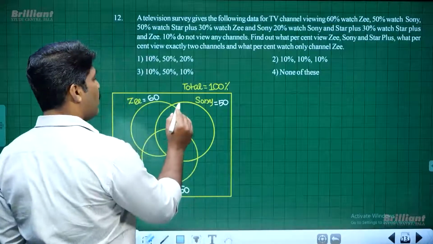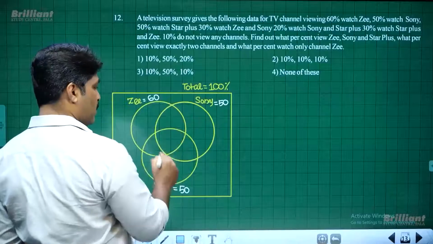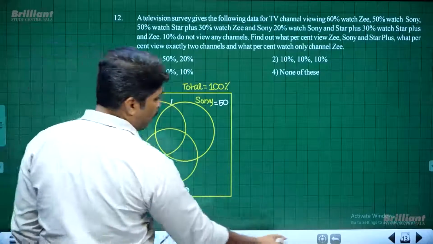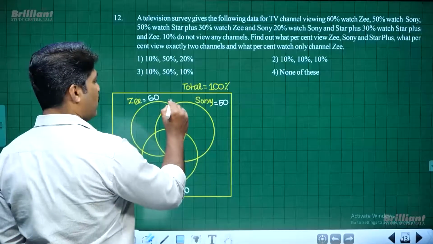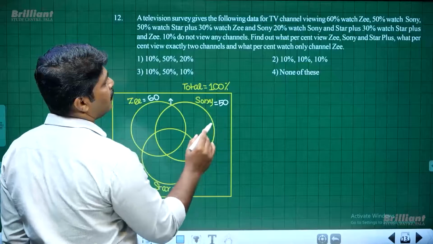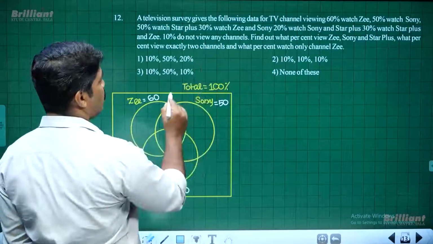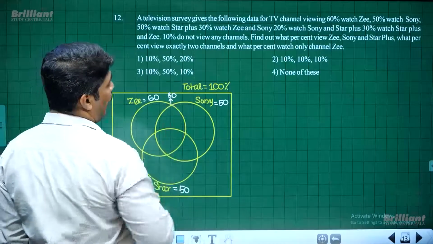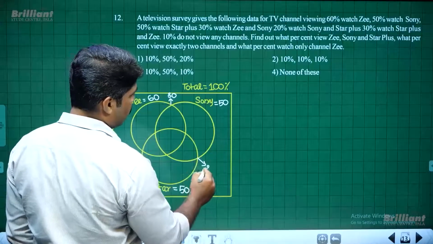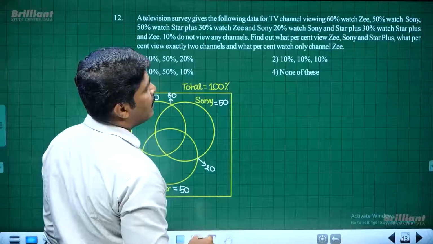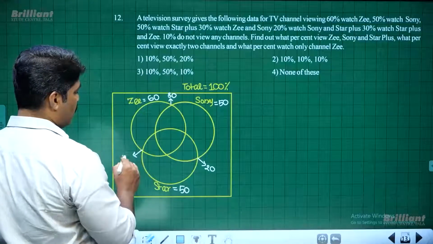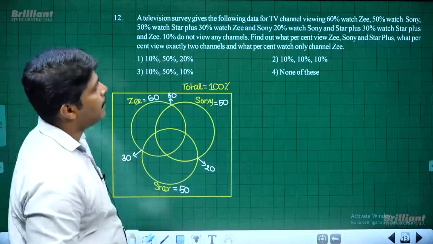30% watch C and Sony. Here we just consider C and Sony, so that means this entire region, so I am expressing that value over here. So 30% watch C and Sony, 20% watch Sony and Star Plus, and 30% watch Star Plus and C. Got it?